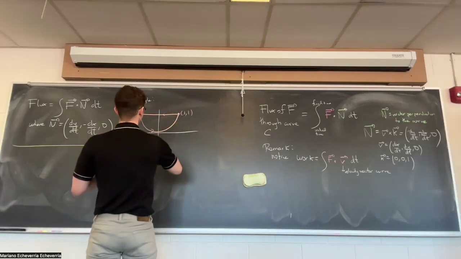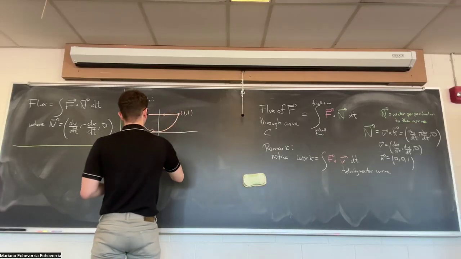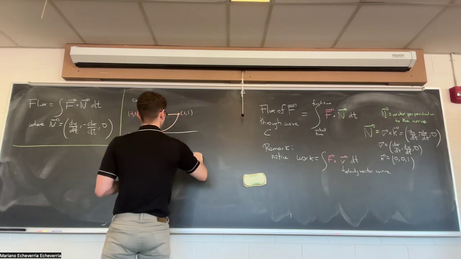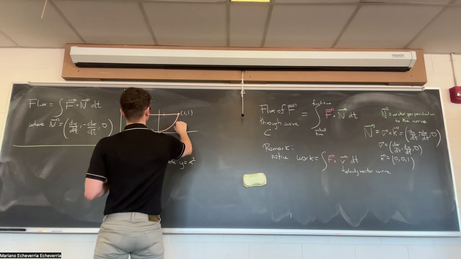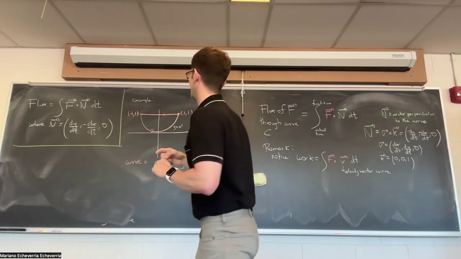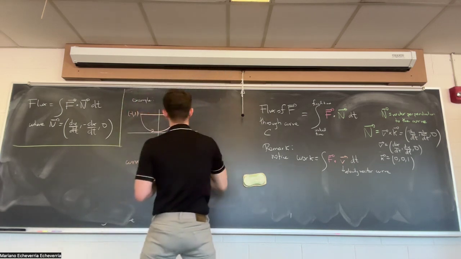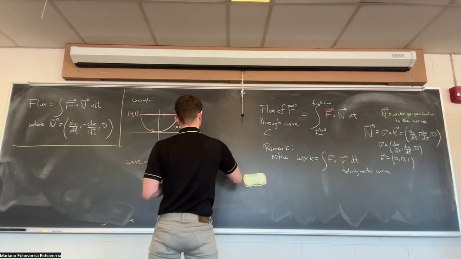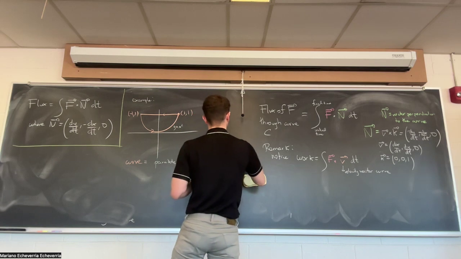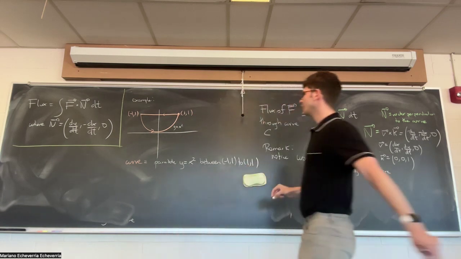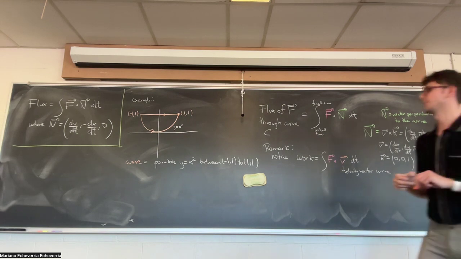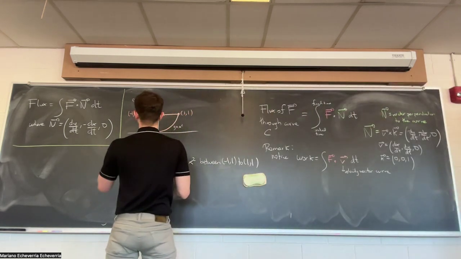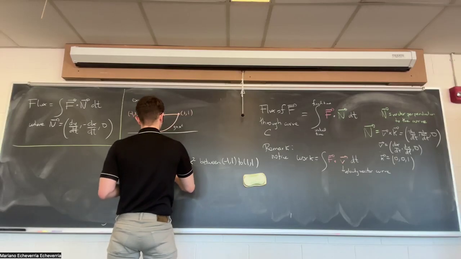So the curve is going to be the parabola y = x squared, from the point (-1, 1) to (1, 1), together with the segment from (1, 1) to (-1, 1).